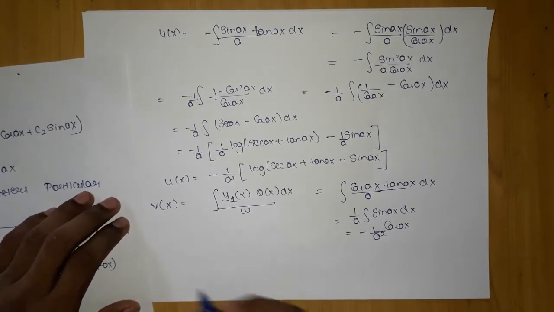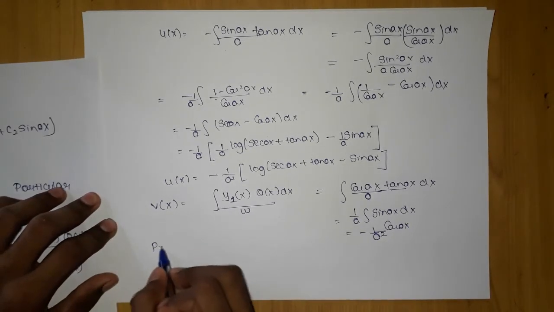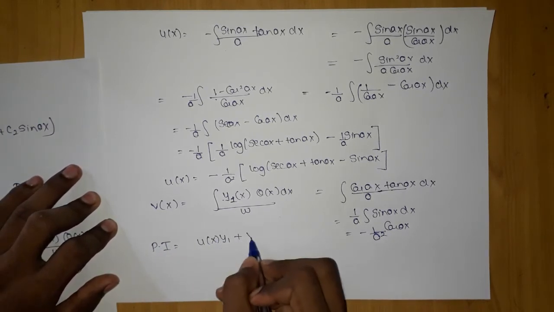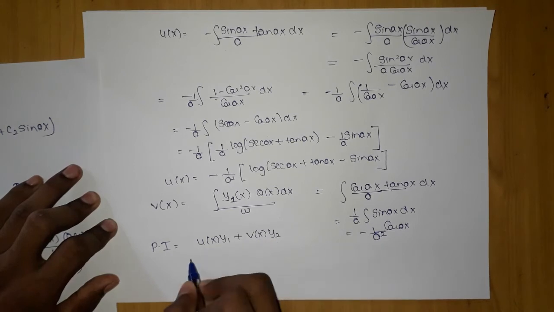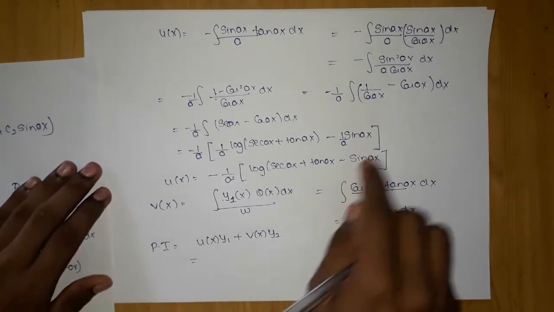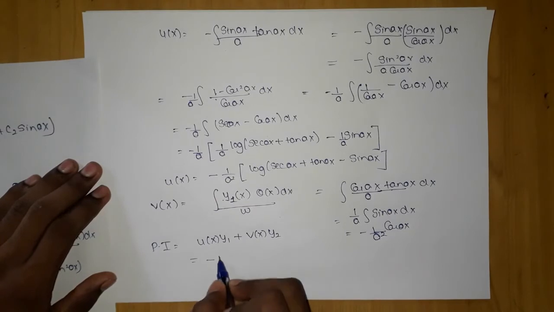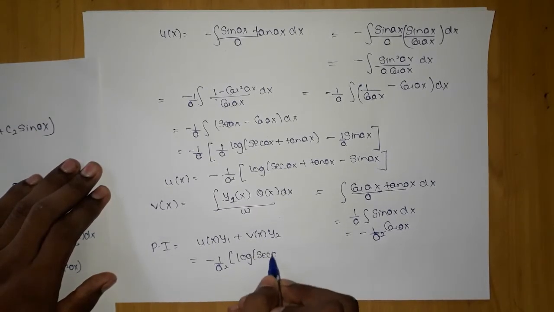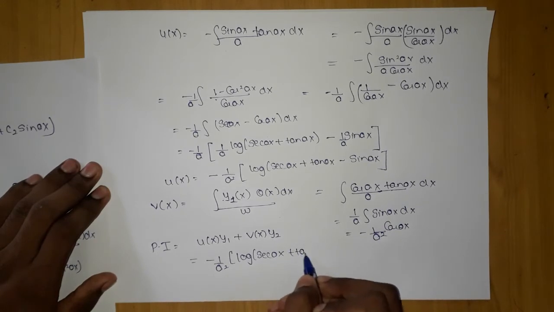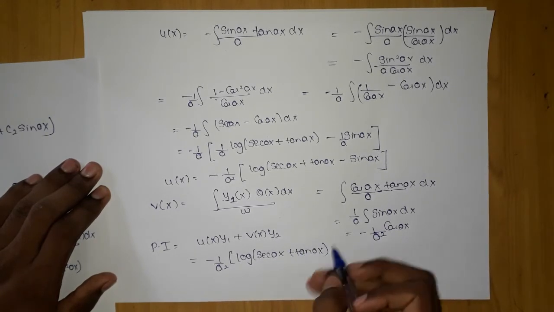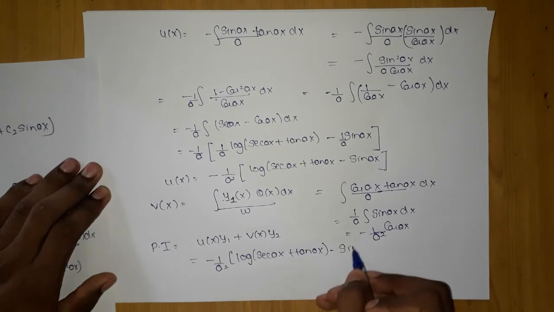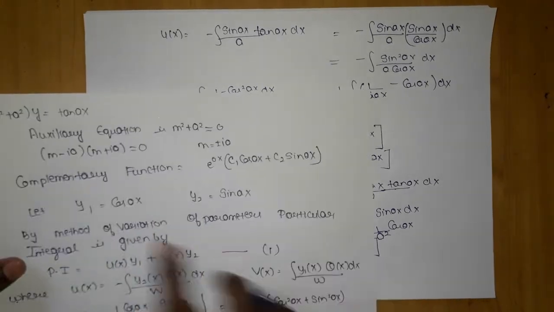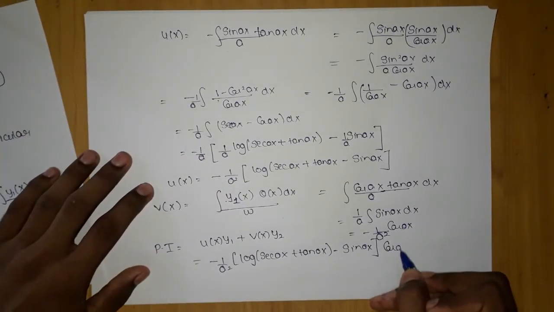Now we got our v of x. Now we know our particular integral is nothing but u of x into y1 plus v of x into y2. So if we substitute the things, u of x is nothing but minus 1 by a square bracket log sec ax plus tan ax, right, minus sin ax into what was our y1, cos ax.